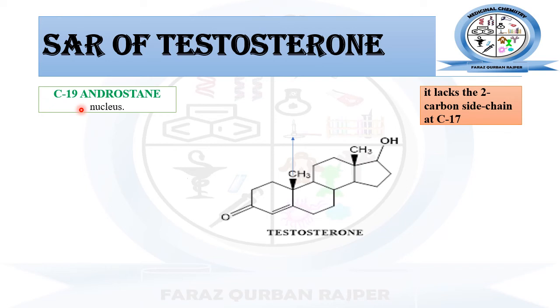So you may observe that this is the C17, 4 ring steroid nucleus. This is the carbon 18. This is the carbon 19. This makes it the androstene nucleus, and this androstene nucleus is carbon 19 because it lacks the side chain of the carbon that is present at this C17th position in the pregnenolone.